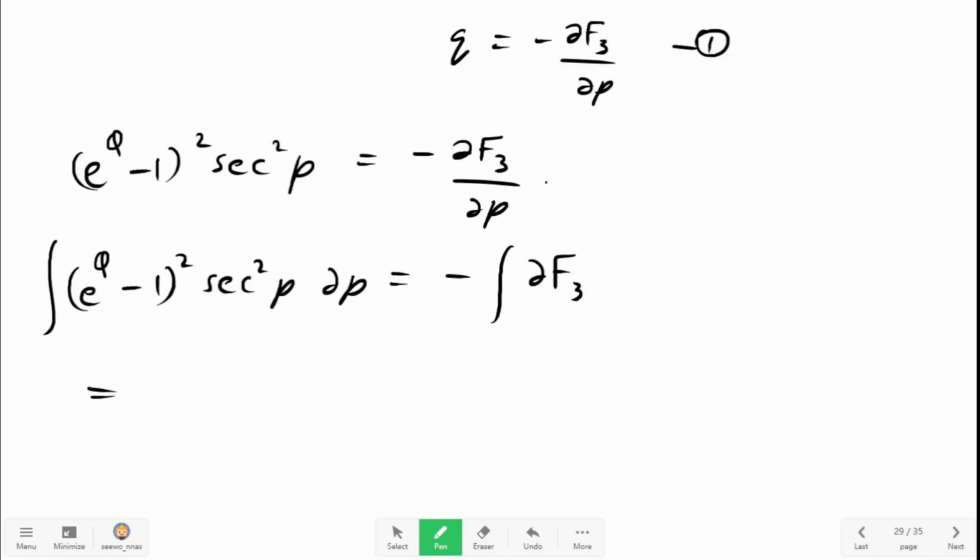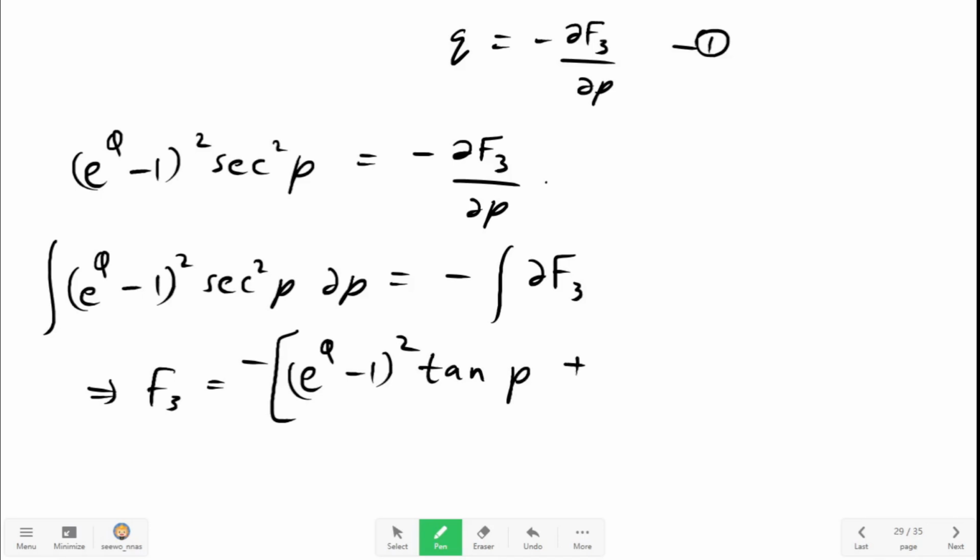From here we will get f3 is equal to e raised to Q minus 1 the whole square, there is a minus sign outside, tan p, plus some function of capital Q, because we have to consider this when we are doing partial integration with respect to small p, and there can be some constant.